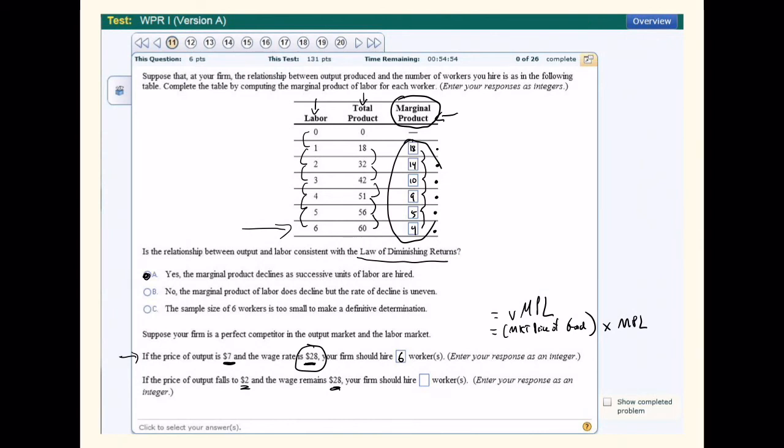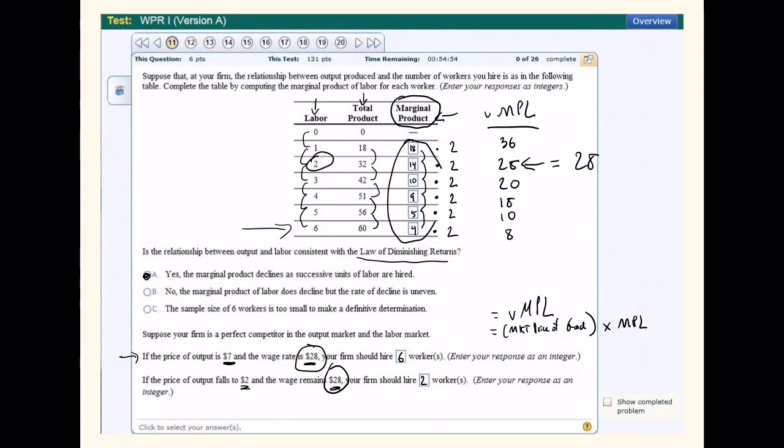Now we're multiplying times 2, and the value of the marginal product of labor equals 36, 28, 20, 18, 10, and 8. And we're still at 28 for a wage, and therefore we should hire 2 workers because 28 equals our wage of 28.